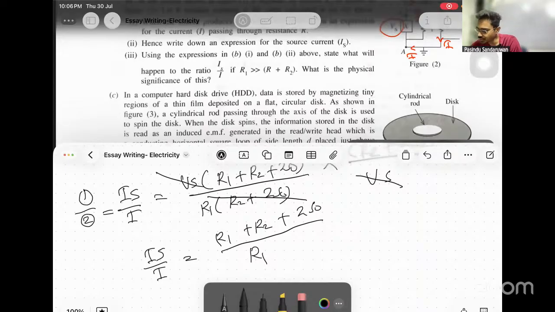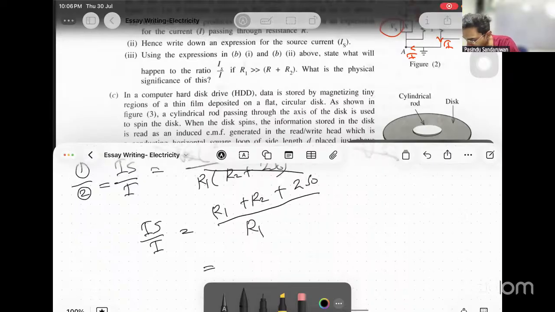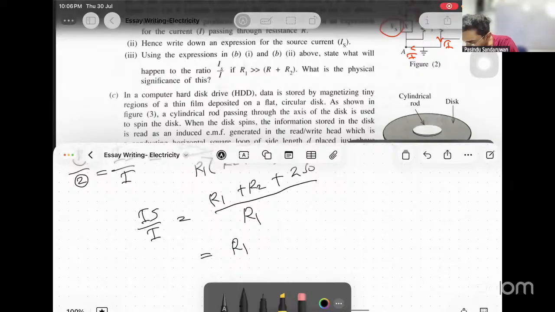Then let's convert this to R, that is easy to compare. 250 was given as R. Then R1 plus R2 plus R over R1.